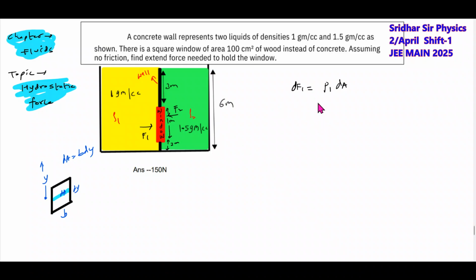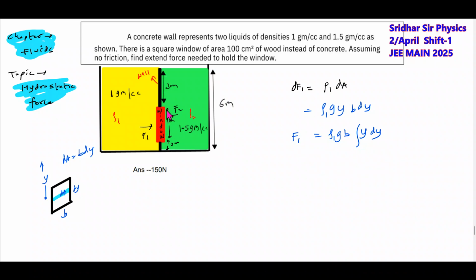The pressure at depth y is rho 1 g y, so dF1 is rho 1 g y into B into dy. So what should be the force F1?